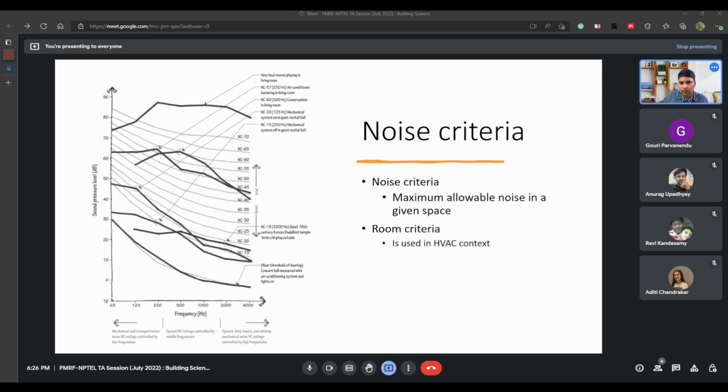A living room where conversation should happen should have a noise criteria below 60. And a working space like an office, with a very silent environment, the recommended NC is below 40 or below NC 35.